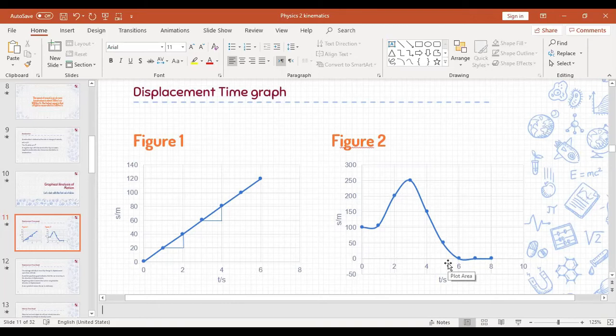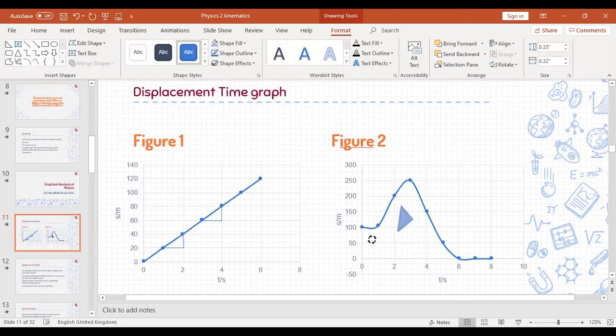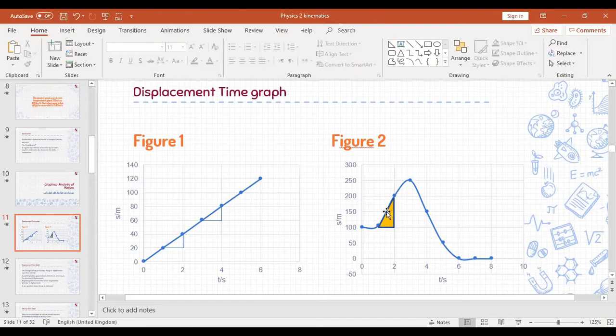Now we can see that at these points, the gradient is positive, which means that the body is accelerating.